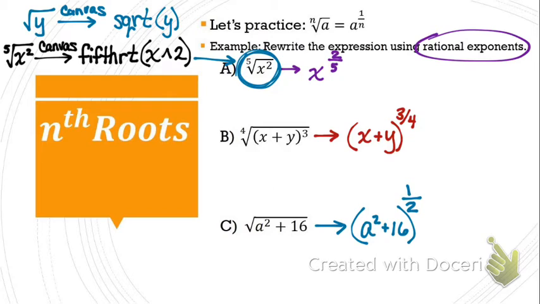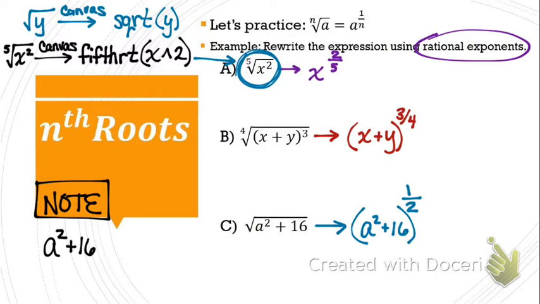1/2 power. Quick note, and this is similar to what had shown up on that common mistakes page from the first day. The square root of a squared plus 16 is not equivalent to a plus 4. Why? Yes.